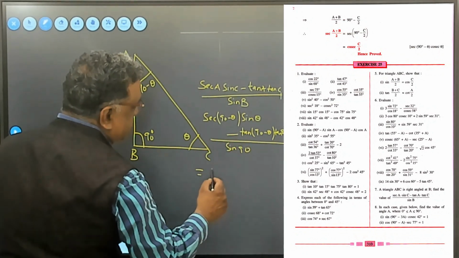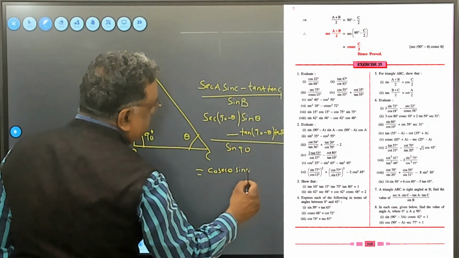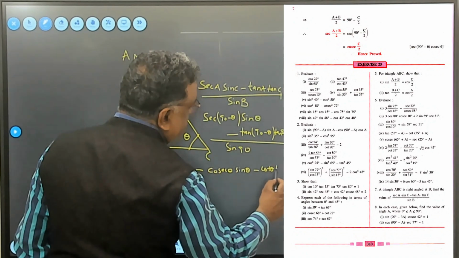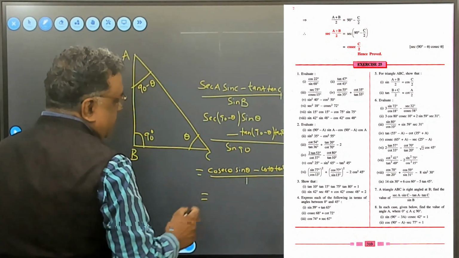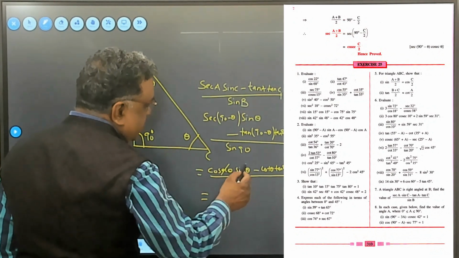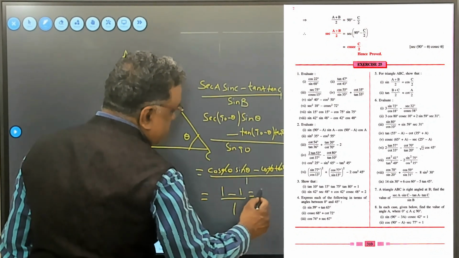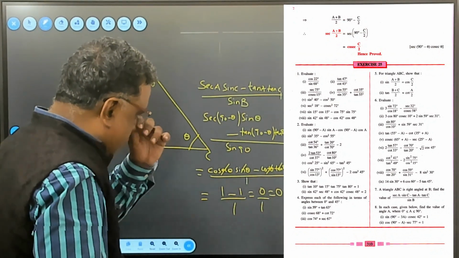Cosec theta into sin theta, minus tan 90 minus theta is what? Cot theta into tan theta, and sin 90 is what? 1. Now these two are reciprocals of each other. They will cancel out 1. Again this is reciprocal, 1 upon 1, 0 upon 1. Answer is 0. Understood?